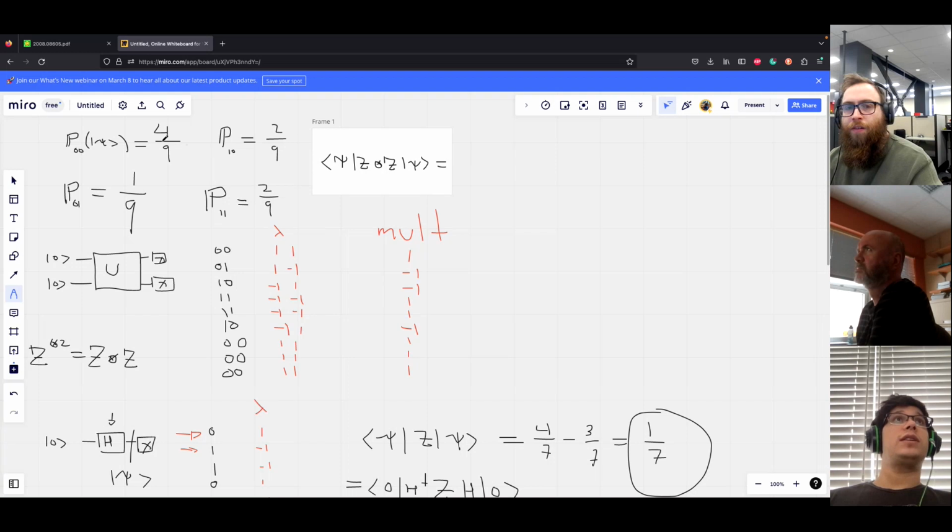Okay, so the first part is this probability of measuring the state 0, 0. What corresponds to the state 0, 0 in terms of the lambda is this 1, 1 state, and we multiply it and obtain a 1. So that means that for the first term, lambda is equal to 1, and we put this 4 over 9.